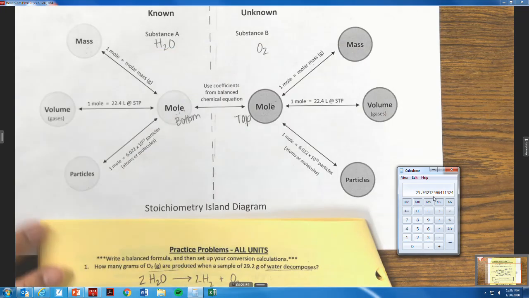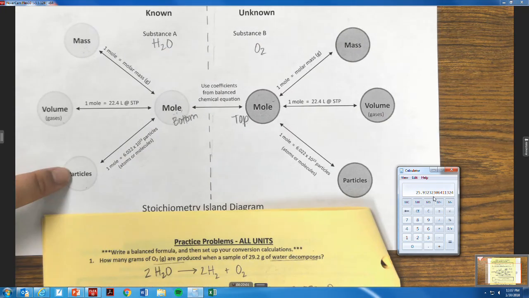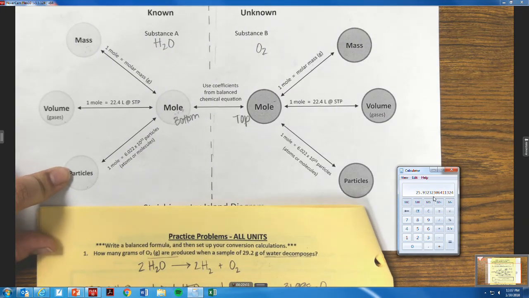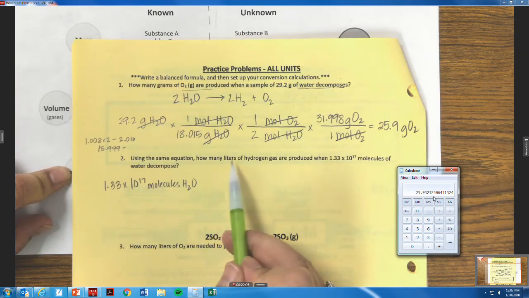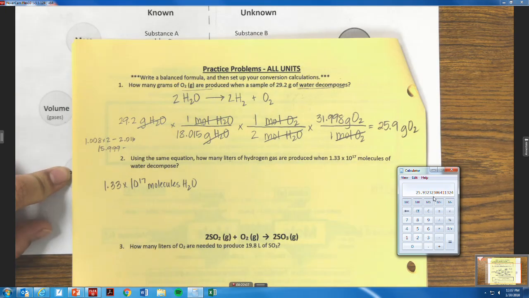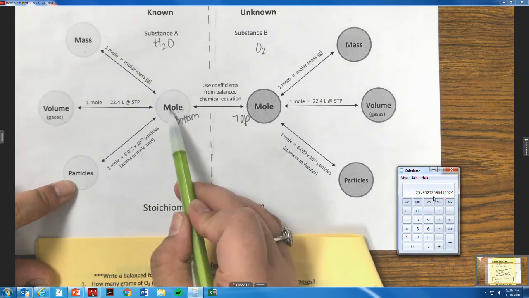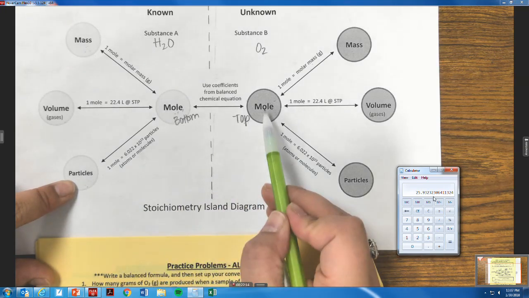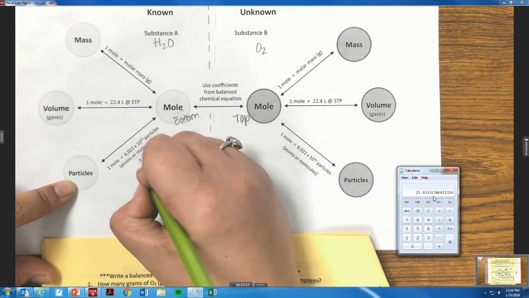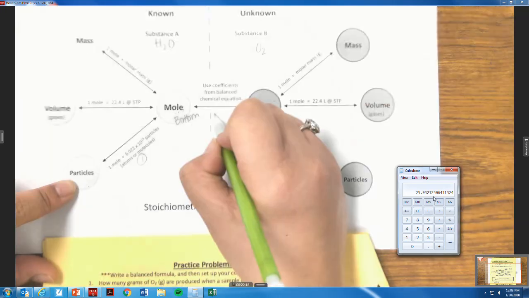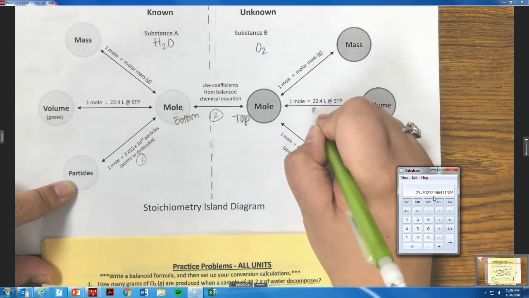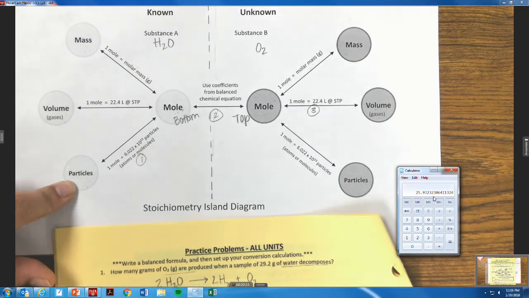On my mole map, I am right here at particles, and my question is asking for liters of hydrogen. So I'm going from particles to mole to volume. This is my first conversion factor, second conversion factor, and third conversion factor.